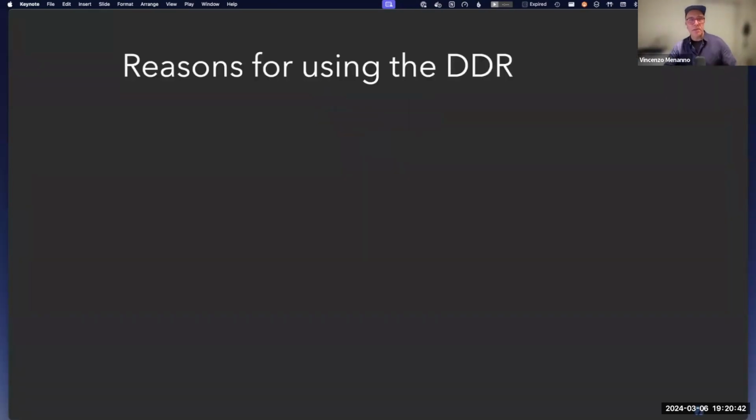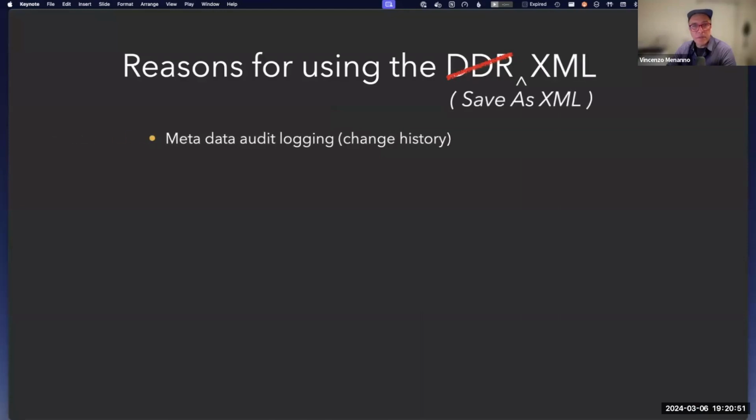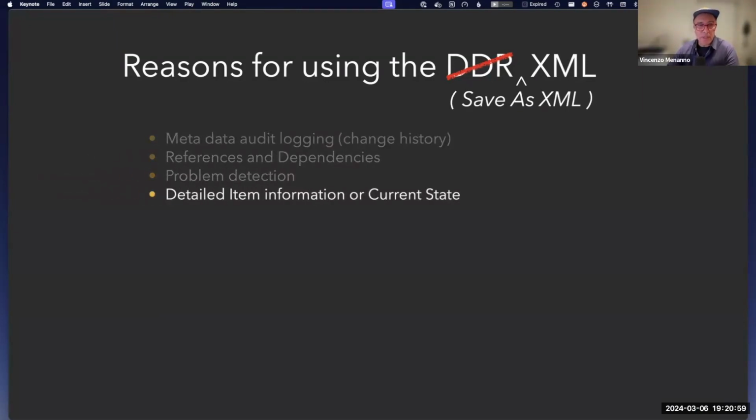So let's look at a demo and some of the reasons for using what now I like to say is Save as XML. So metadata auditing, we now have the ability to do change history, references and dependencies like we always had, problem detection. We have a lot of detailed information on the current state of an item.